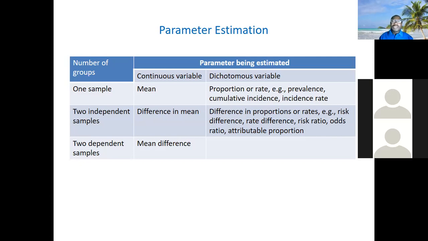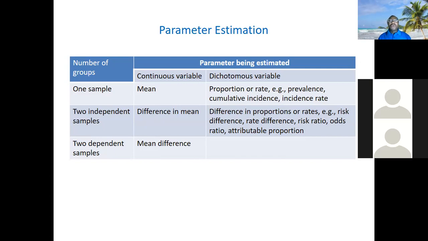The second one is the group. Are you dealing with one group or more than one group? Even when it is more than one group, say two groups, are they independent groups or dependent groups? All these issues we have discussed in some of our lectures. We'll still continue making mention of them.